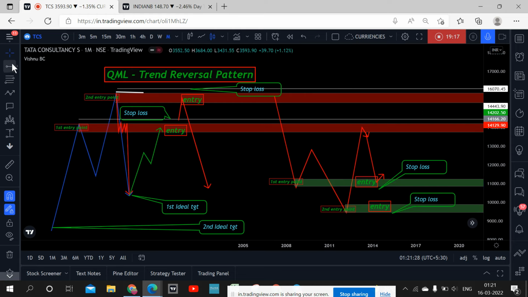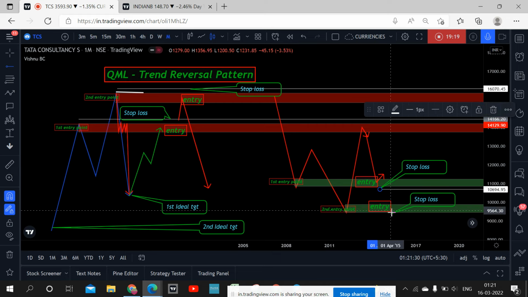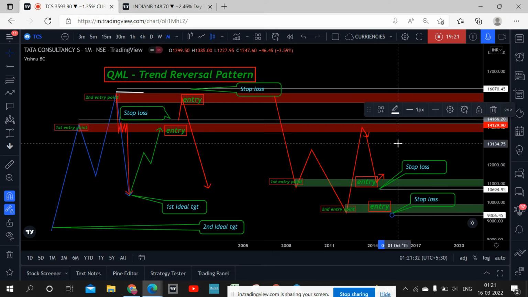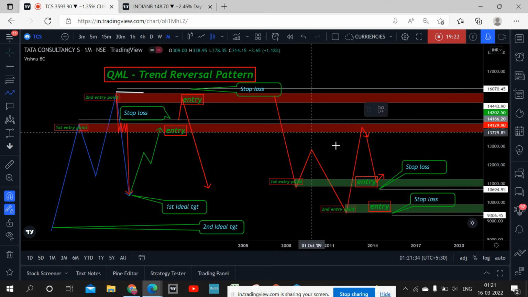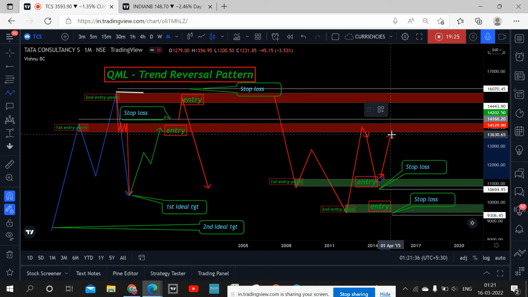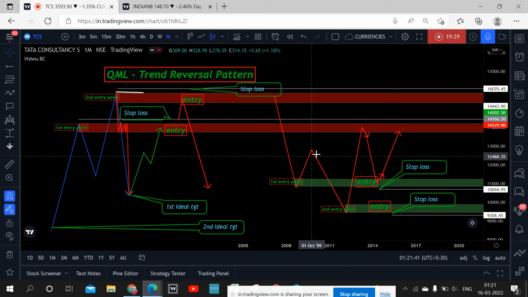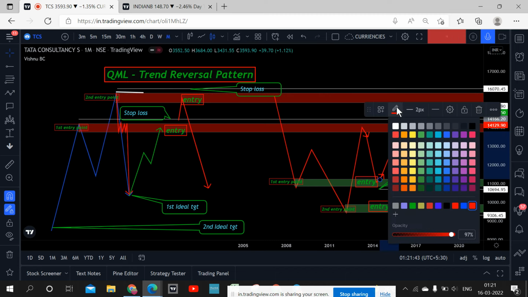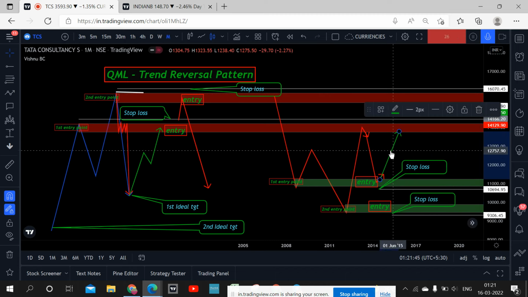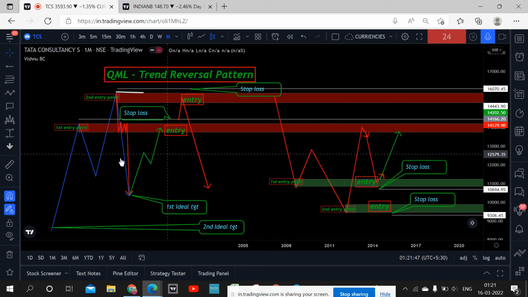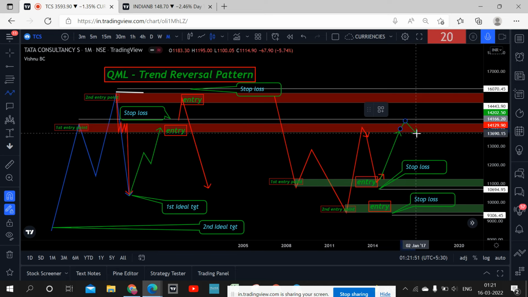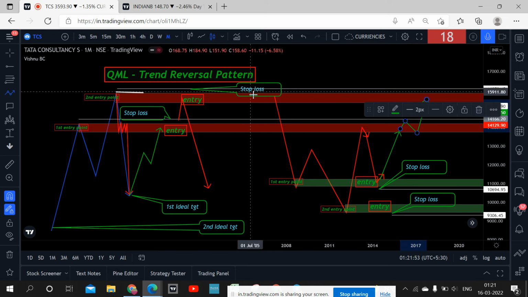Okay, so this is Quasimodo, and your target will be, if it goes from here, this is your first target. And again, this is your second target, like the swing high.